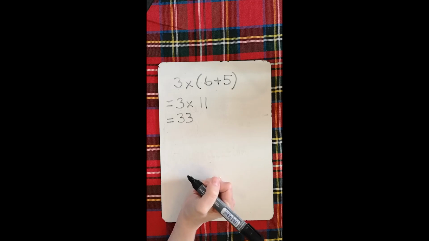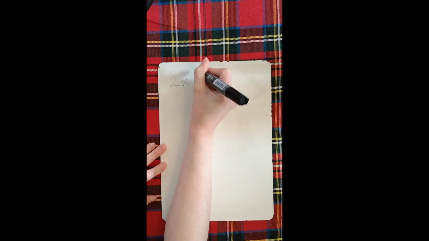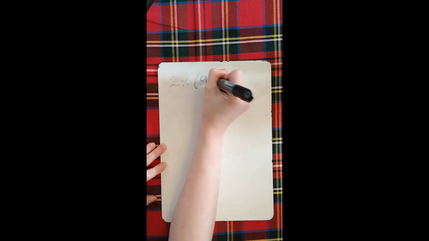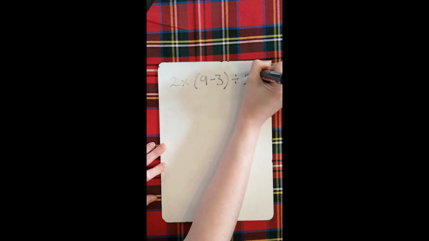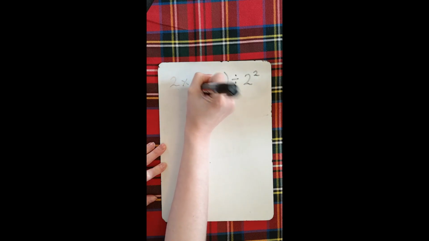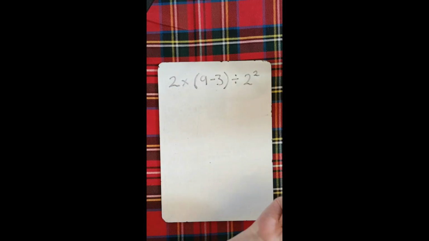The next calculation I'm going to have a look at today is 2 times, and in brackets I've got 9 take away 3, and then it's divided by 2 squared. Right, let's think about my BODMAS.